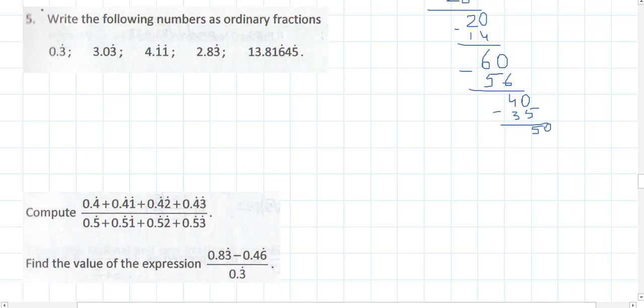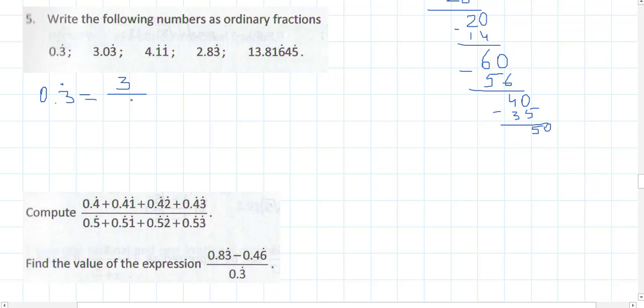So we have the rule of moving to the ordinary fraction. For example, if it is 0.3, the repeating part is 3. It will be in the numerator, and for the denominator, as many nines as there are figures in the repeating part.